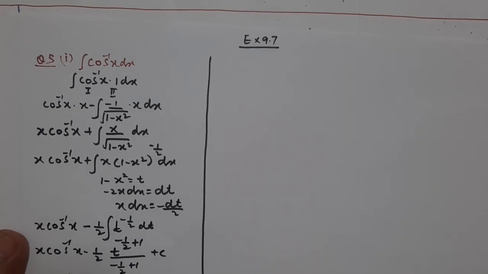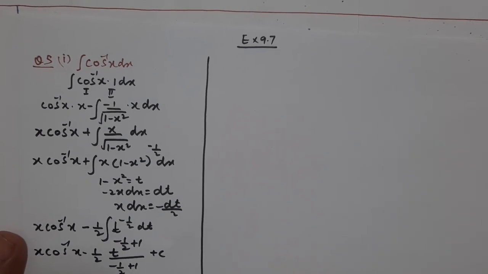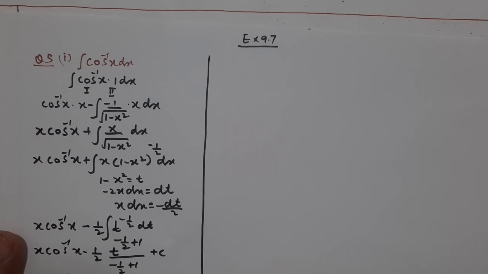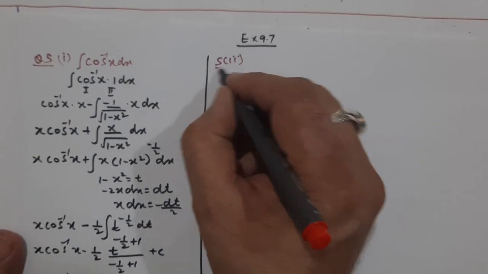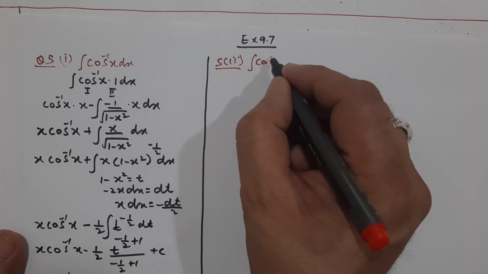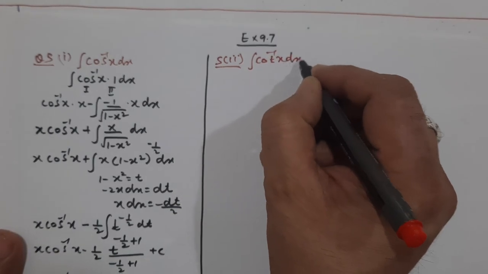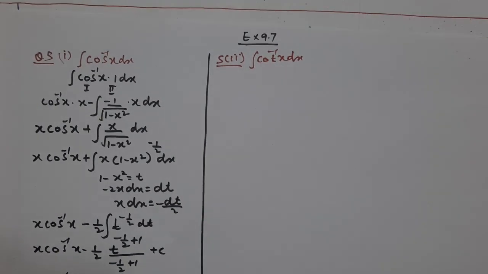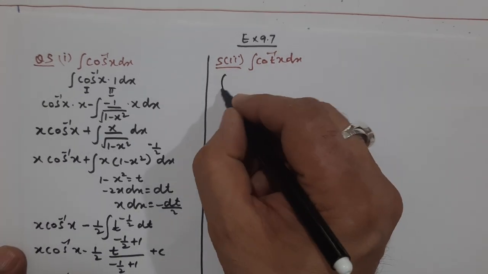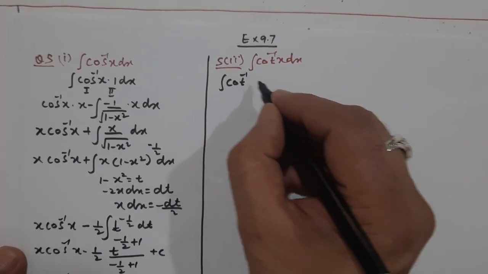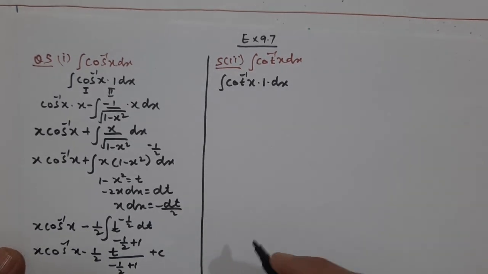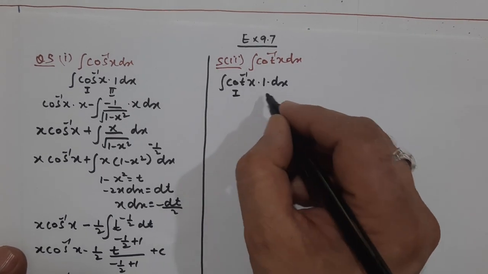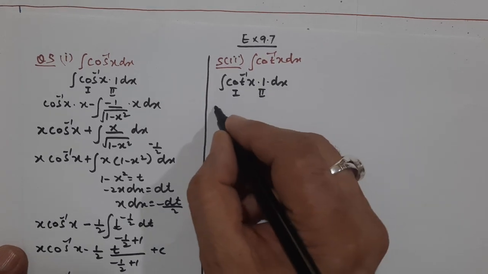Now let us move to the next part of fifth question, second part. Second part is cot inverse x. Integral of cot inverse x dx. So moving in the same way, because here also we have only one function, cot inverse x, we will take 1 as second function and cot inverse x as first function.